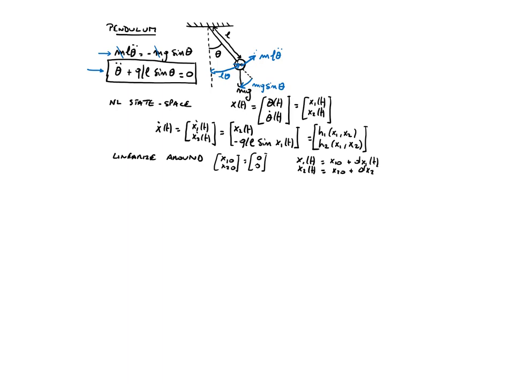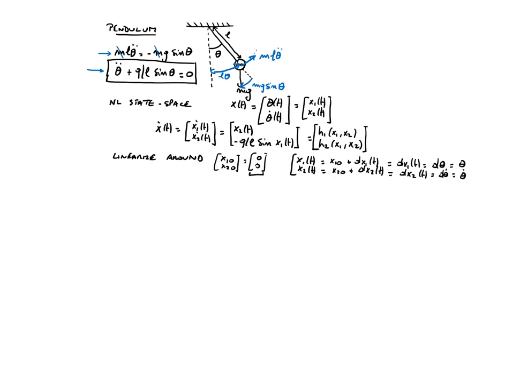In this particular case, but it's only because we linearize around the origin, we have that x1 is dx1, so that's d theta, and in our case it's also equal to theta, and this one is dx2, it's d theta dot, and in our case it's theta dot, right? Again, this is because we linearize around the origin.